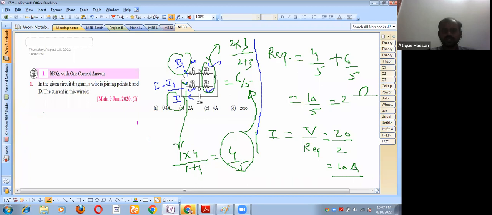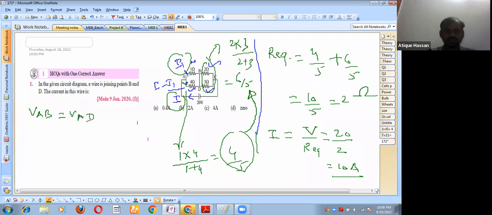Now from the given diagram, you have to find the current in the wire, right? So let us first find the current through 1 ohm. From the diagram you can say the potential across AB will be equal to the potential across AD, since 1 ohm and 4 ohm resistances are in parallel.